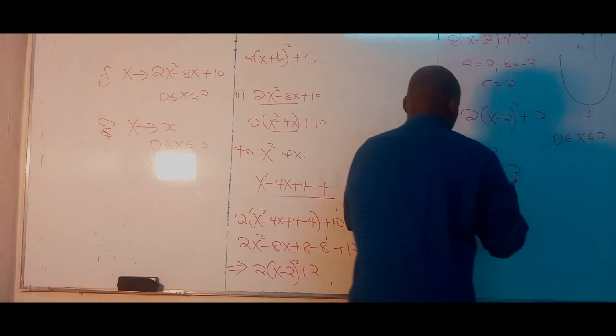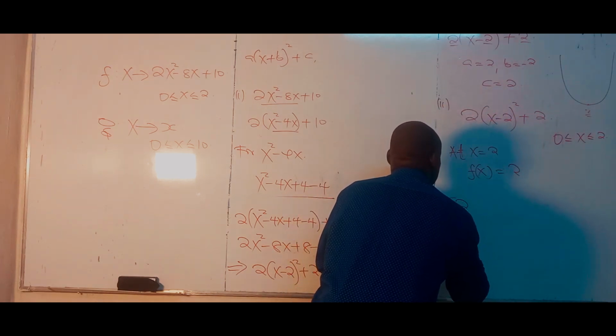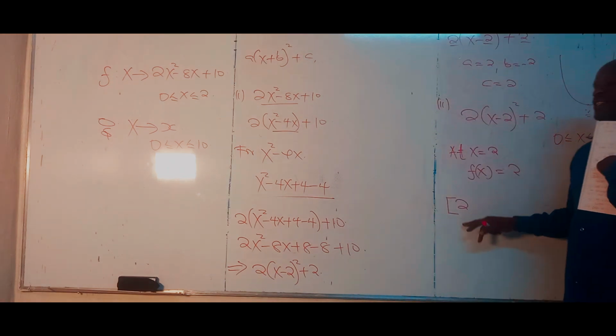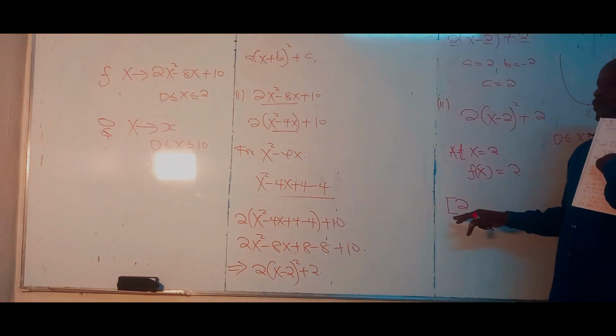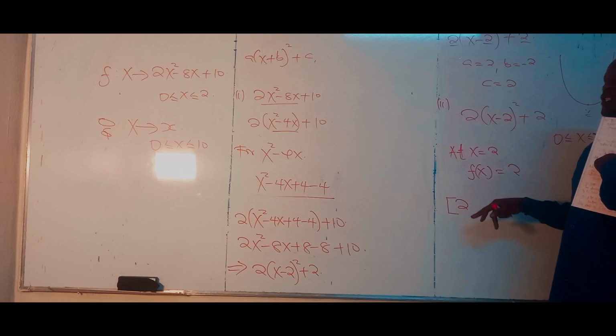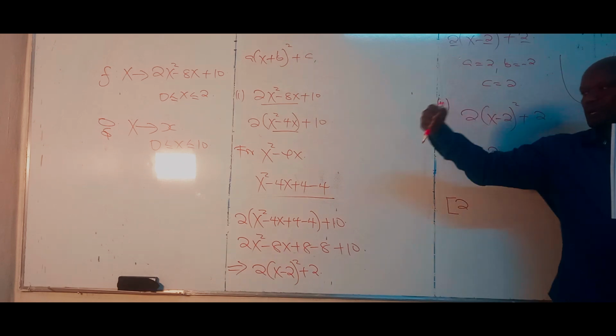So we give it this square bracket. Square bracket here should mean that it is closed, or that 2 is contained. At that particular point, 2 is also a point that is counted. So on the lower end, the function is bounded.